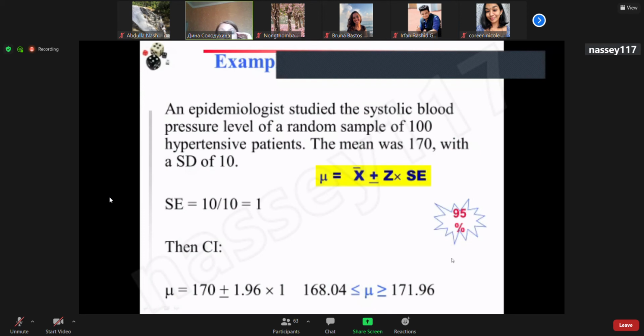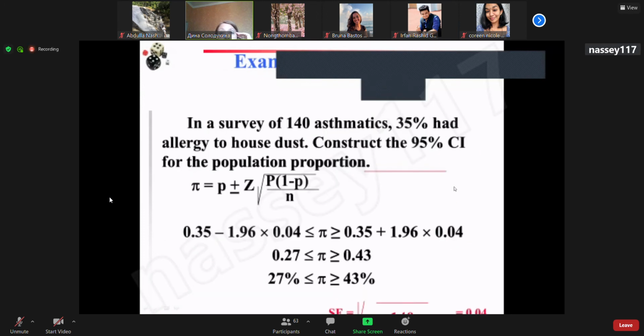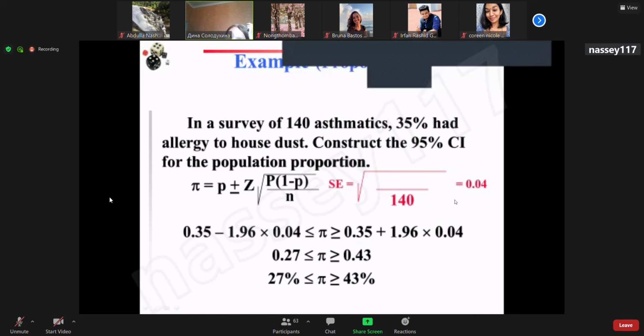This is the most typical way to calculate it. If we have another example for the proportion, for example, a survey of 140 people with bronchial asthma finds that 35% of people had allergy to the house dust. So we construct the 95% confidence interval for population proportion. How will we do it? We must calculate standard error.